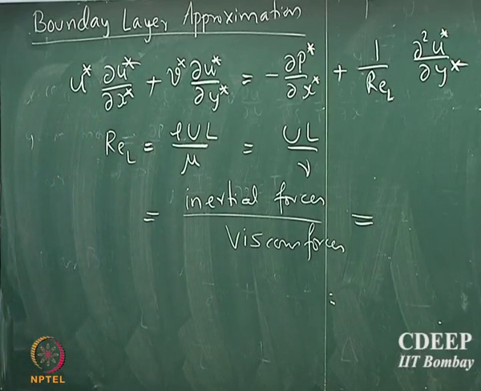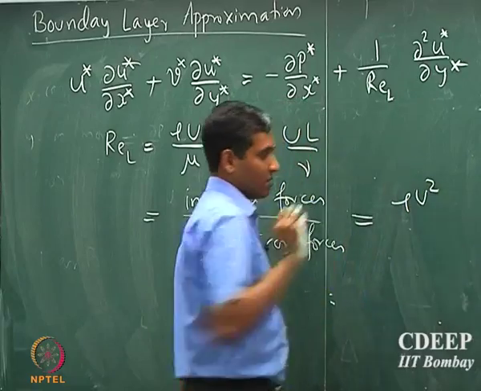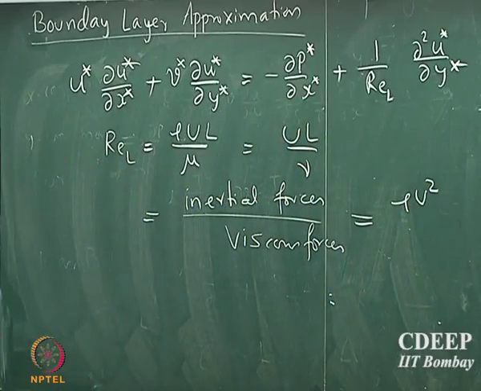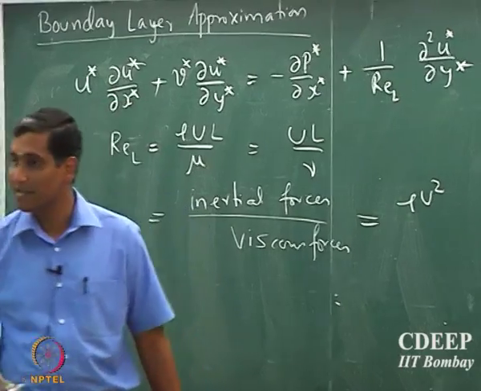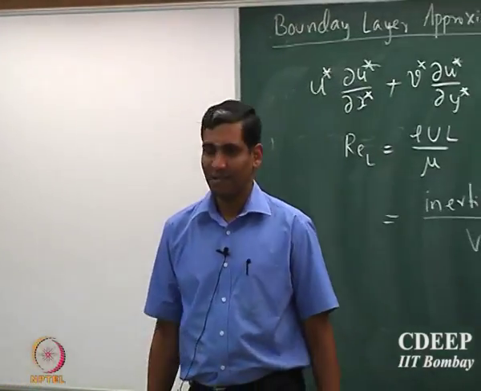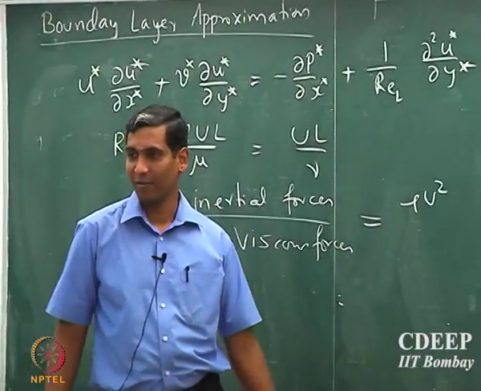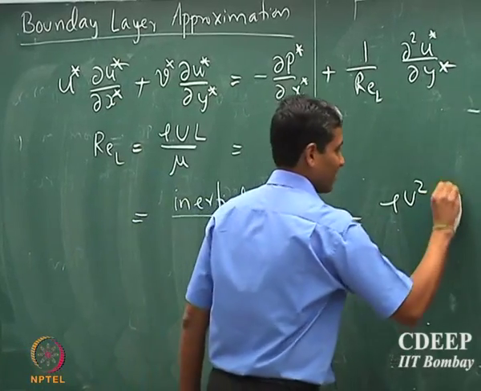What is the inertial force? Half rho U square, that is pressure, multiplied by L square, this is stress, okay, multiplied by the area.